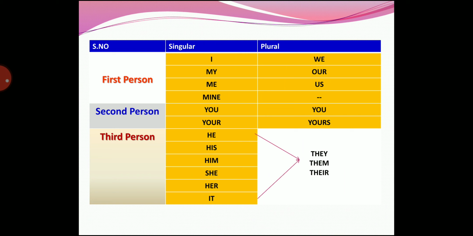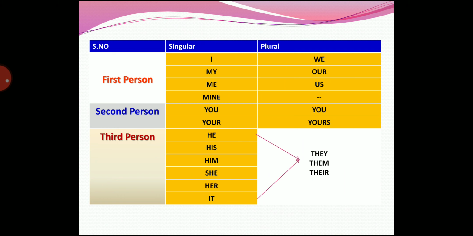So the importance of singular and plural. Now everyone as a learner, this is very very important, and you should know the first person singular and plural, I, we, you, and third person he, she, it, and they.